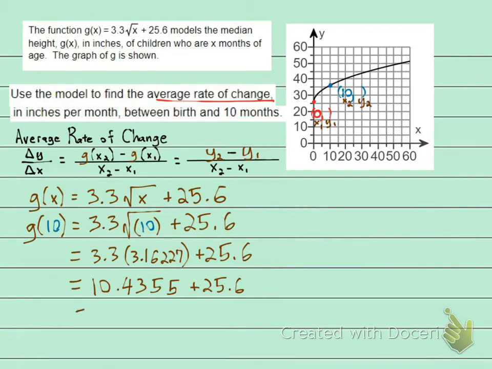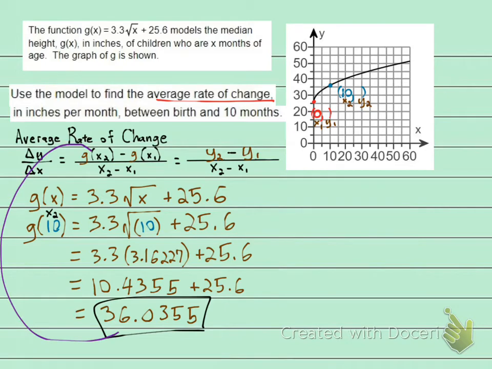And that gives us 36.0355 approximately. All right, so this was the g of x sub 2, 36.0355, and that is going to go right into here.